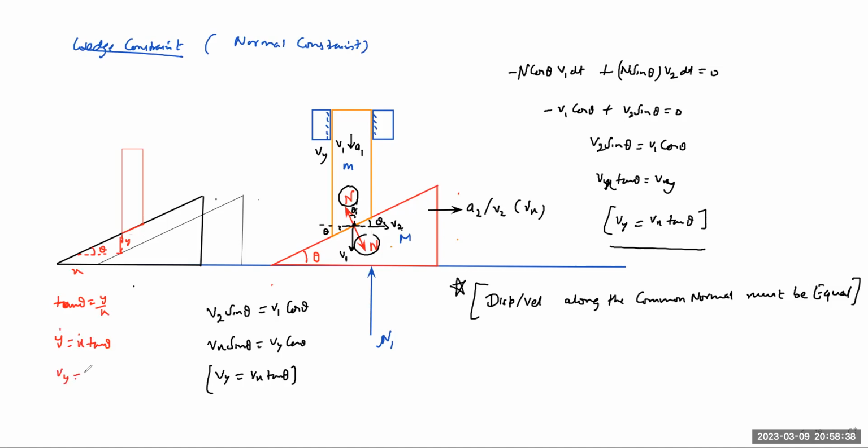So we can get Vy. And because theta is again constant, we can differentiate once again. I mean, you can do it directly, but this is just a way of writing. Is this clear? All the three ideas are clear, like how to think about normal constraint.